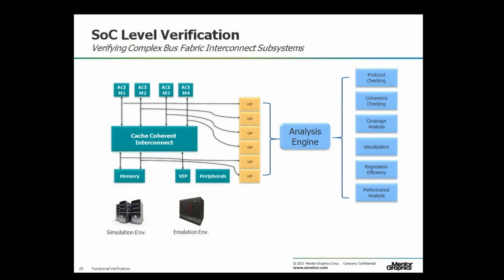So this is where we can verify not only protocol checking, which is something that you're used to using today, but be able to verify cache coherency, performance analysis, including bandwidth and latency, as well as visualization for debugging, coverage analysis to verify that we're covering the entire specification, and verifying all of the legal combinations at the transaction level across our cache coherent interconnect.